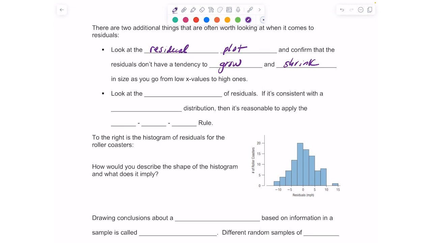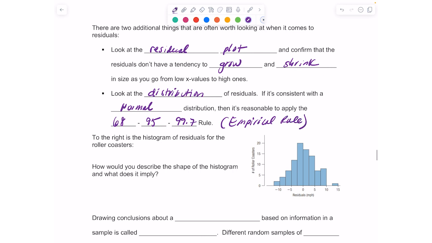Okay, there shouldn't be any pattern at all. And then we want to look at the distribution of residuals. If it's consistent with a normal distribution, then it's reasonable to apply the 68, 95, 99.7 rule, which remember we also refer to as the empirical rule.